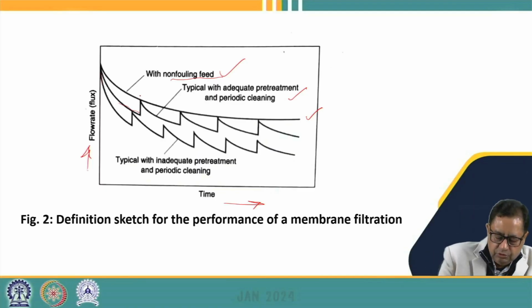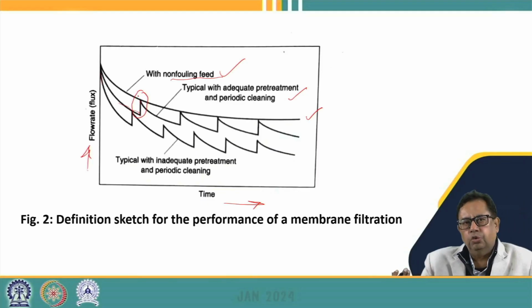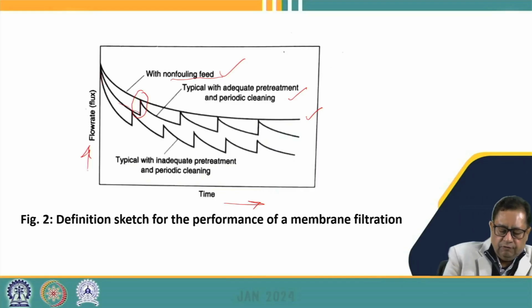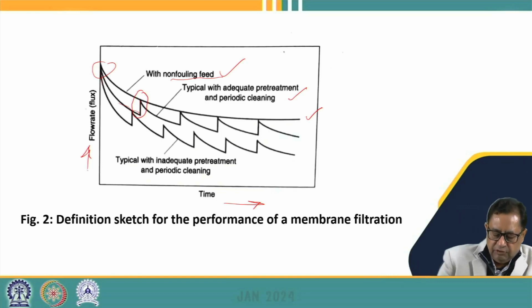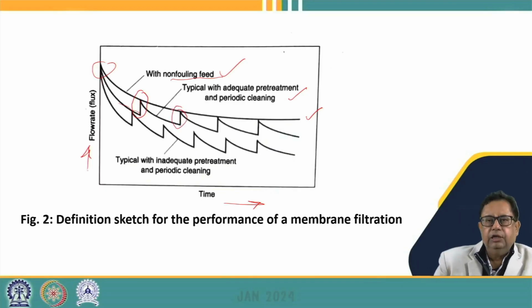So we are using a cleaning process here, right? Then our flux enhances again to a certain value. It will not ultimately go back to the initial flux that we started with, but it will surely go to a higher value after the cleaning process. Then we can start the process again, and as soon as it goes beyond a certain limit, we can go for cleaning of the membrane again, and this process continues.